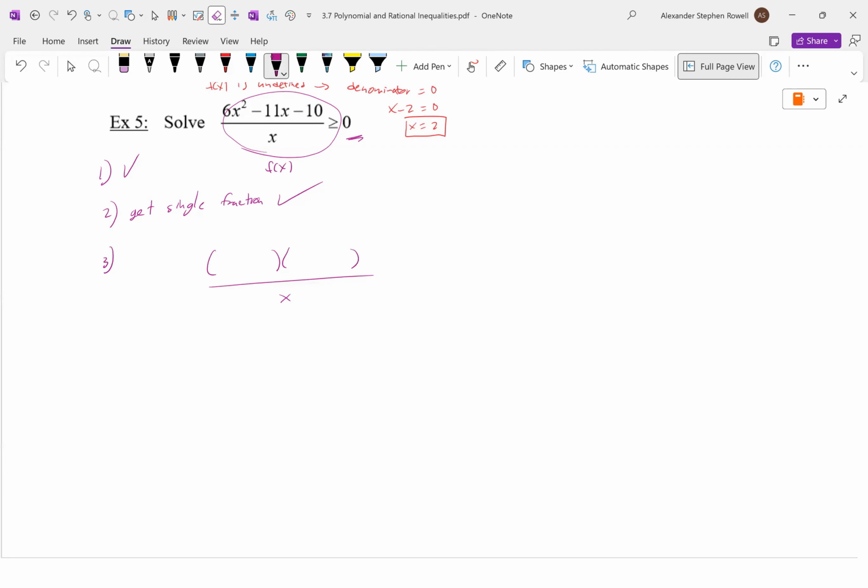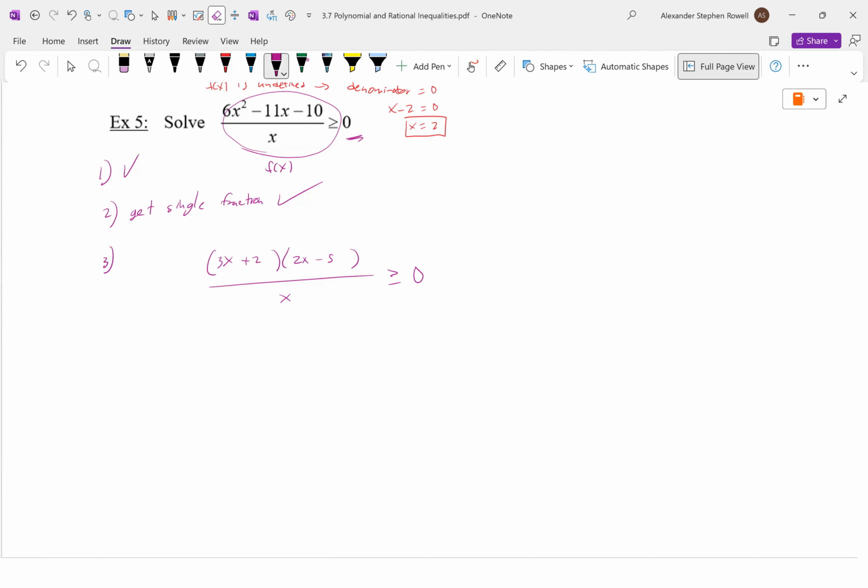Shall we try stuff? 3x and 2x, factors of negative 10, so negative and positive. Negative 5 plus 2. So that would give us positive 4x minus 15x gives us negative 11x. Okay, do the AC method if you're uncomfortable with guess and check.